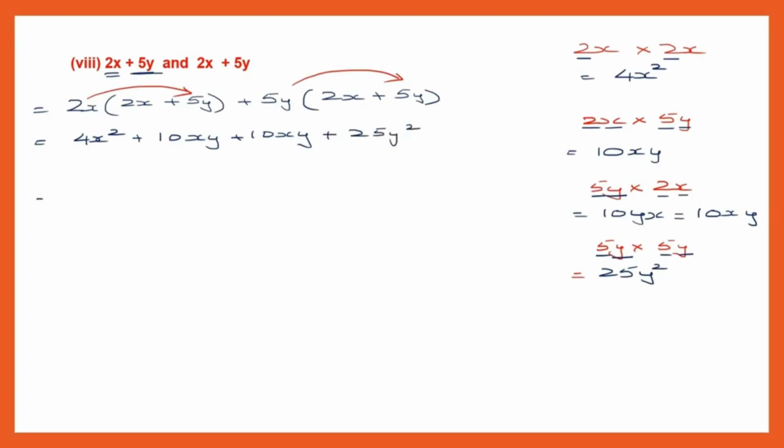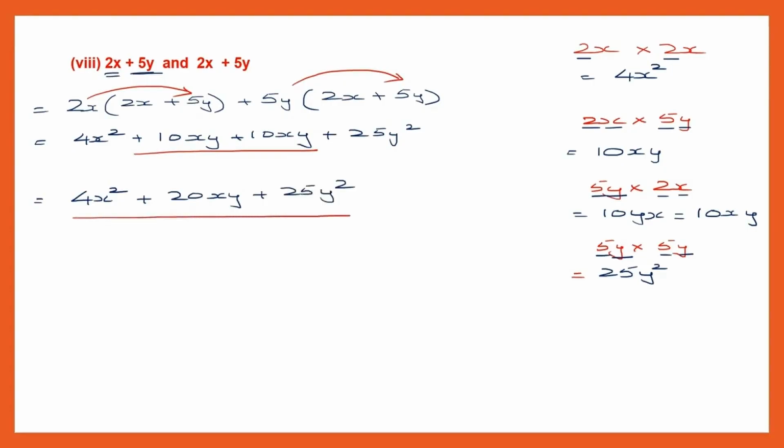Now here let's write our answer: 4x square, and here we have like terms, plus 10xy plus 10xy. So both are plus, 10 plus 10 is 20. So that is 20xy plus 25y square. So final answer: 4x square plus 20xy plus 25y square.